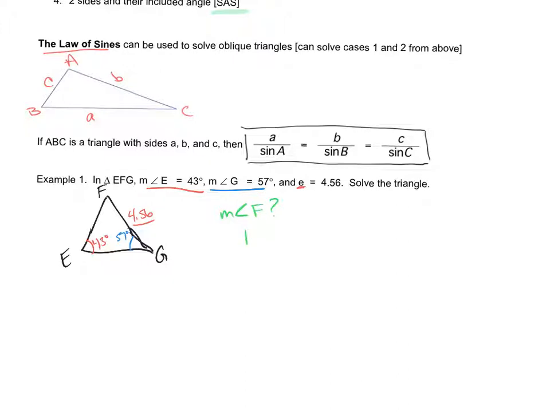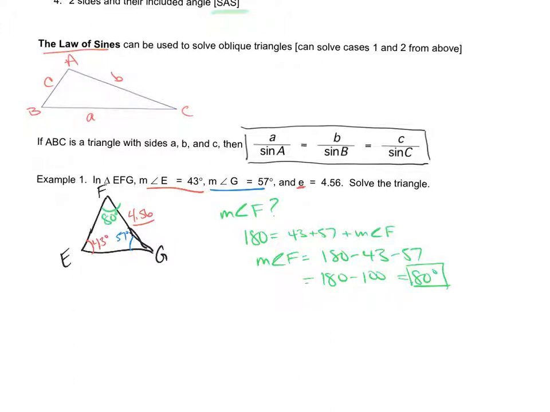And so I know that 180 equals 43 plus 57 plus the measure of angle F. So when I solve this equation for the measure of angle F, I get 180 minus 43 minus 57, which if you just put this in your calculator, you get 180 minus 100, or just 80 degrees. So that is our third angle, and let's go ahead and notate that on our triangle. So that is now 80 degrees.